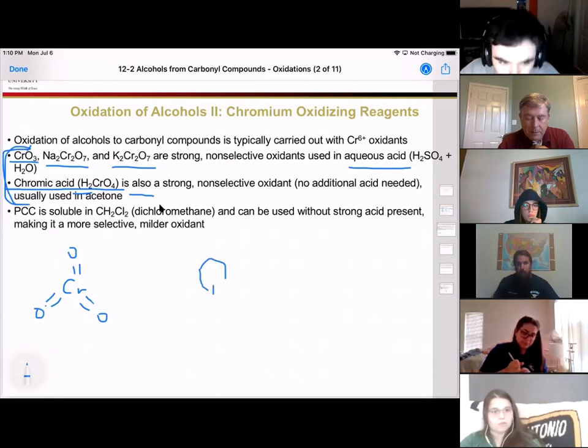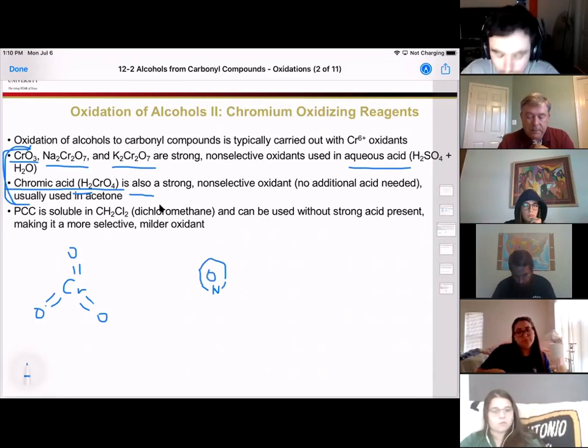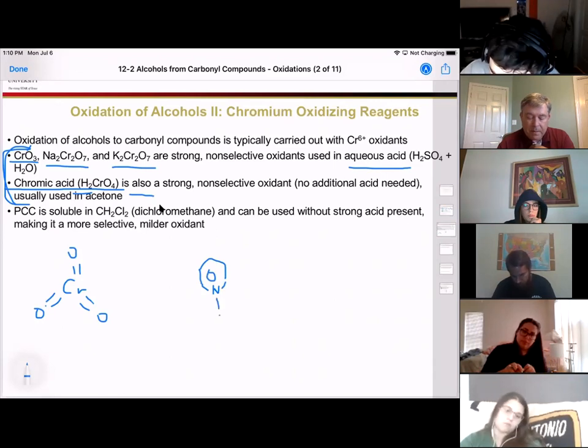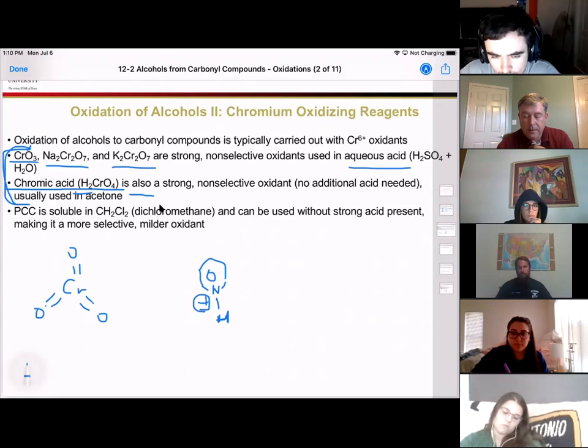And pyridine, as we'll learn about in our chapter 14, is one of our benzene derivatives, but it's going to be made into a salt. It's going to be protonated by HCl, and the chlorine is going to be attached to the chromium.